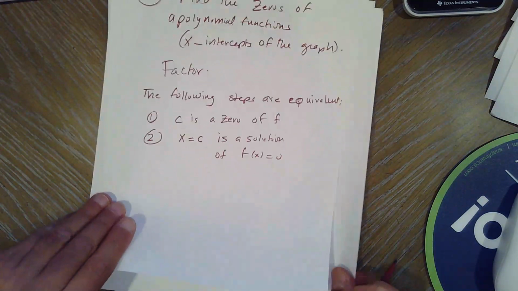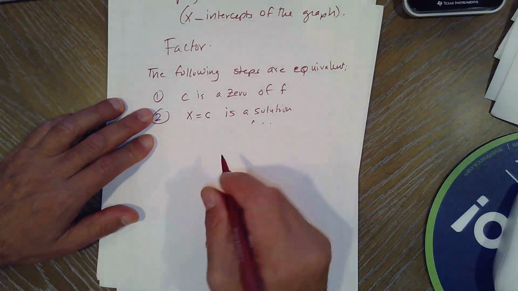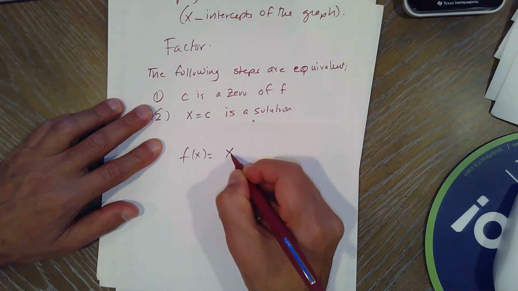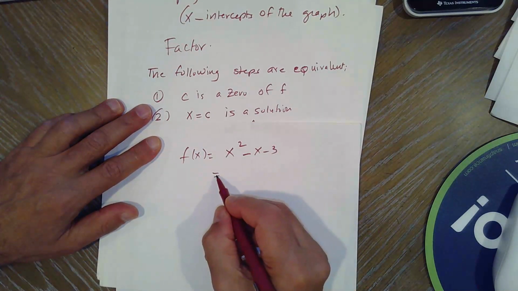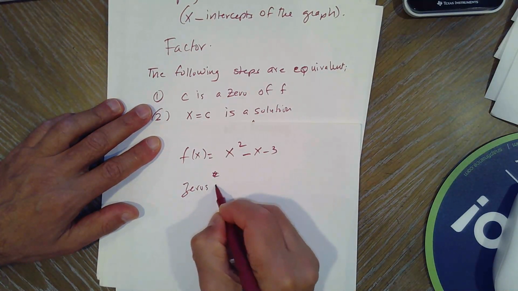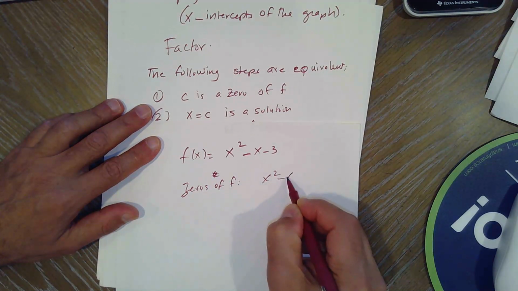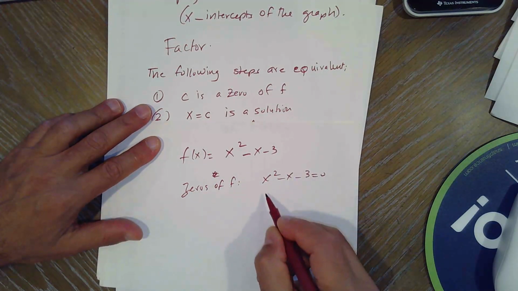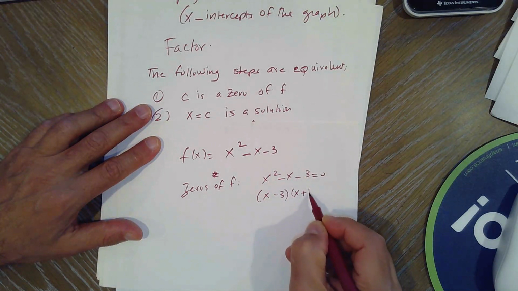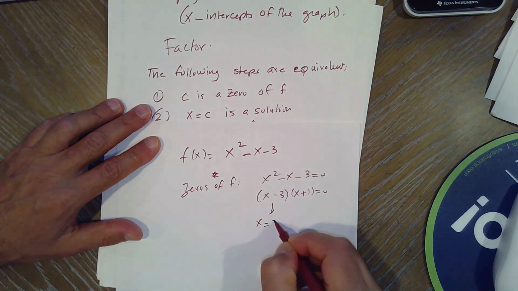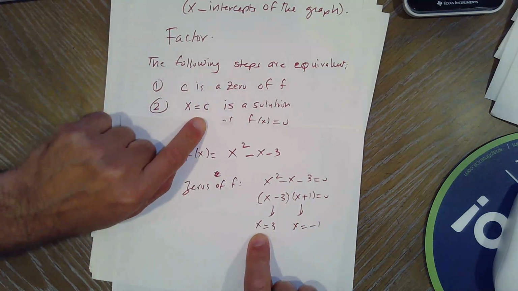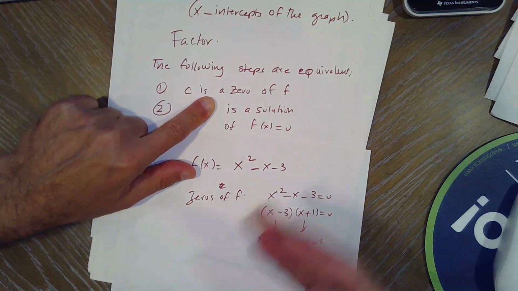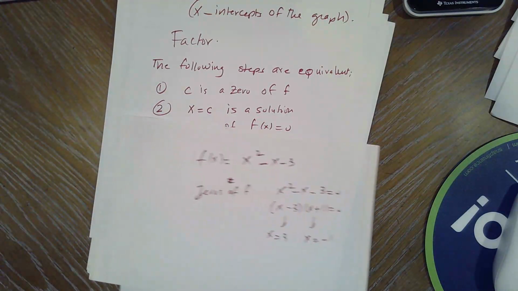Just to give you an idea, if I have f of x equals x squared minus x minus 3, a quadratic, which we did, and I want to find the zeros of f, that means x squared minus x minus 3 equals 0, so x minus 3, x plus 1 equals 0. So we get x equals 3, x equals negative 1. So 3 is a zero of f. That means x equals C is a solution of the equation. We do this all the time, but we don't write it down this way.